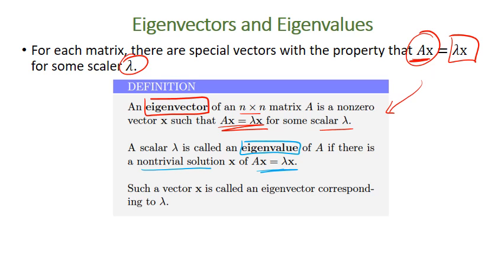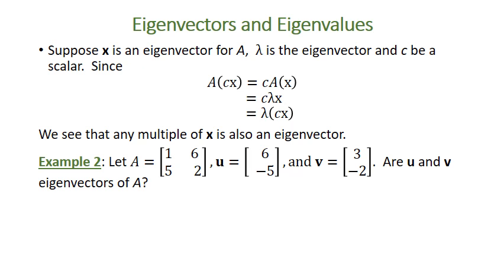Okay, so eigenvector and eigenvalue. So this part here, you can pause this and take a look at this, but what we are seeing is that basically, if we have some vector that has a scalar multiple that equals A times the given vector, then it is in fact an eigenvector.